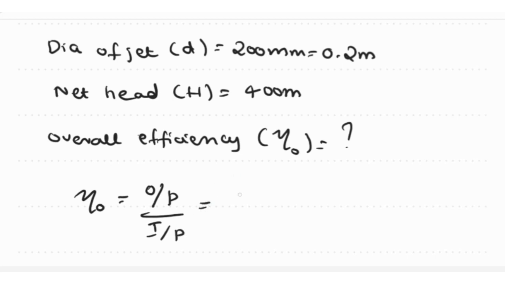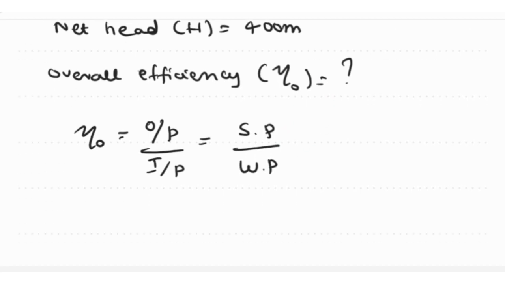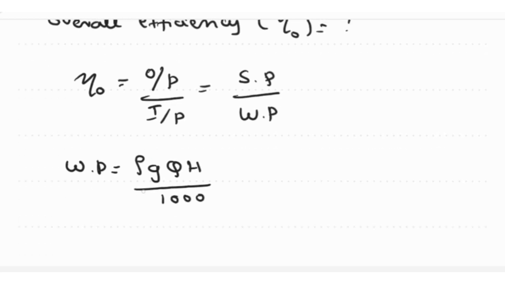So output of the turbine is the shaft power, input to the turbine is the water power. Shaft power is already given, so we should calculate the water power. Water power is equal to rho g Q H divided by 1000. Rho, g, H are known, so we have to calculate the Q value.